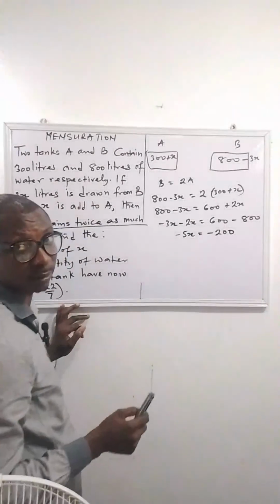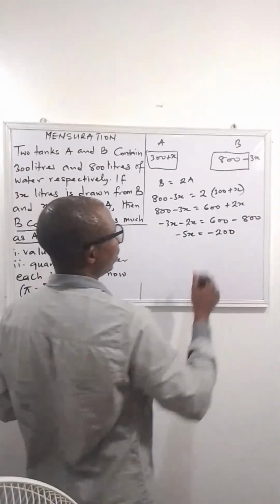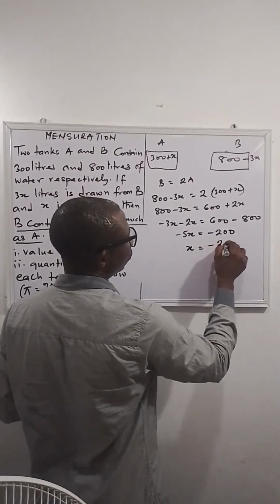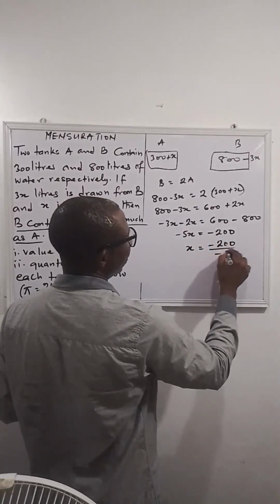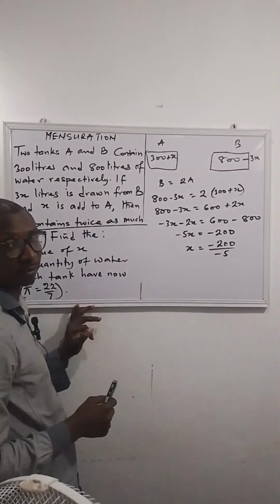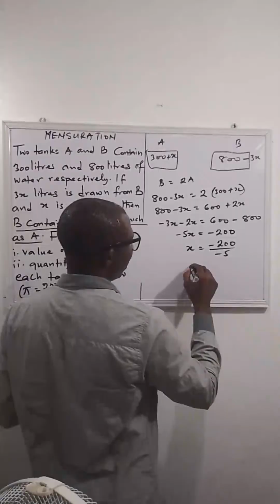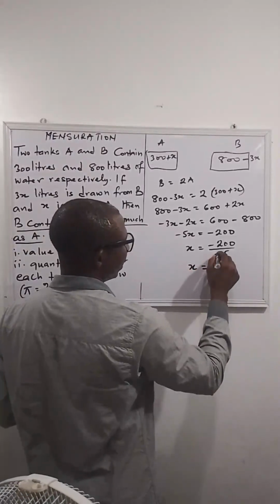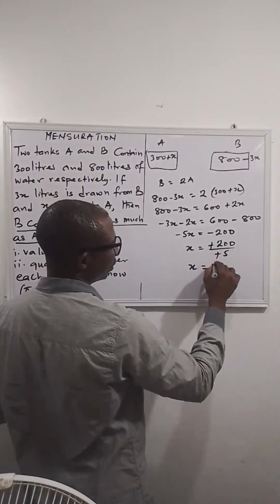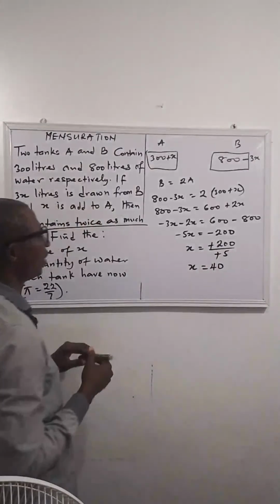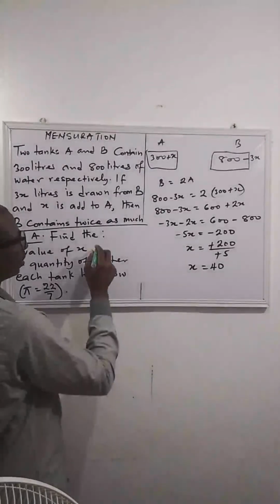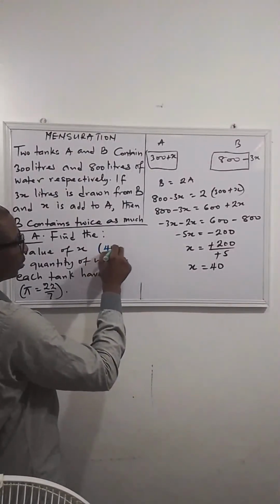You get that? Okay, so now we have x equals negative 200 over negative 5, when you divide both sides by negative 5. Negative cancels negative. 5 goes into 200 forty times. So that means the value of x is 40 in this case. So we have x is 40.